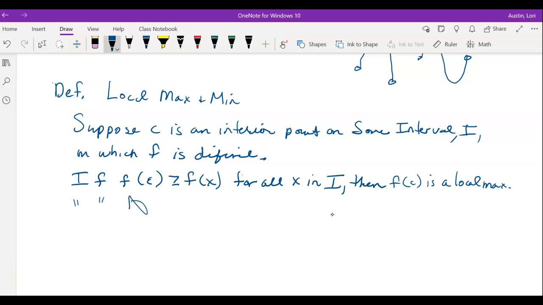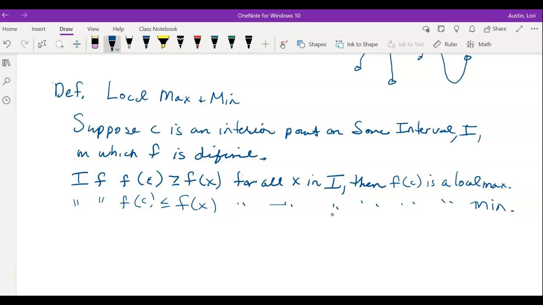And if f of C is less than all the values in the interval, you get the idea, right? I don't need to rewrite all those words. Clearly, if it's less than everything in that interval, it's a min. If it's greater than everything in that interval, it's a max.